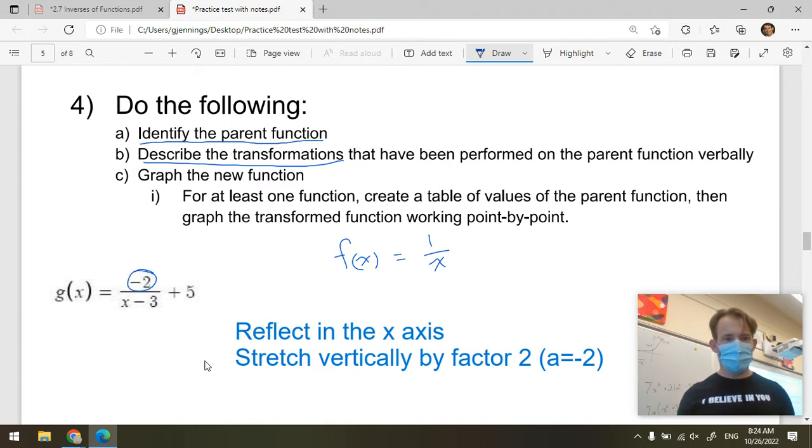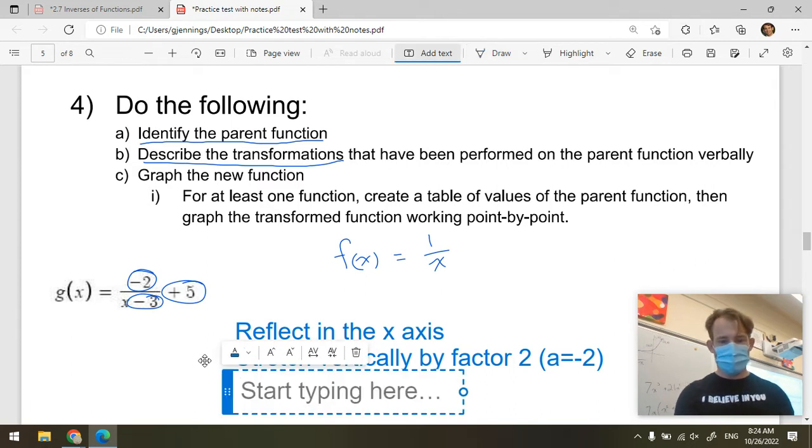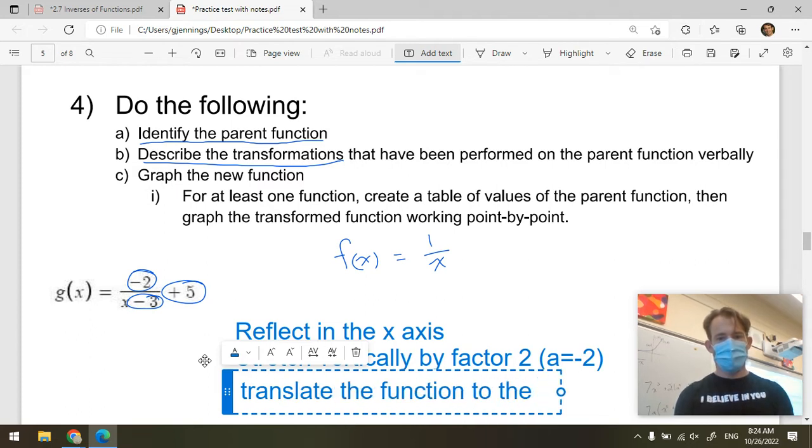Okay, and then what about this -3 and this +5? Well, let's describe those transformations. They're both translations. So this is translate the function to the right 3 units.